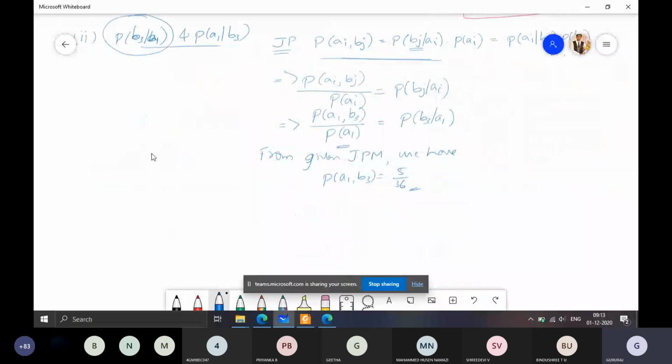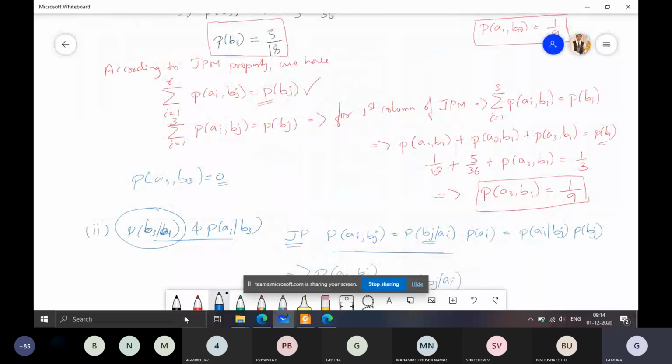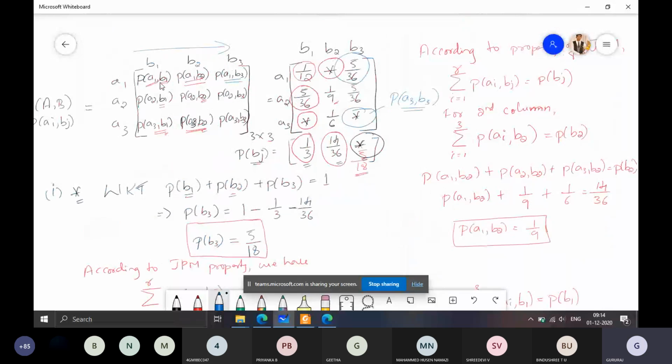From the property of JPM, taking the sum of the first row, P of A1 is equal to P of A1 comma B1 plus P of A1 comma B2 plus P of A1 comma B3.